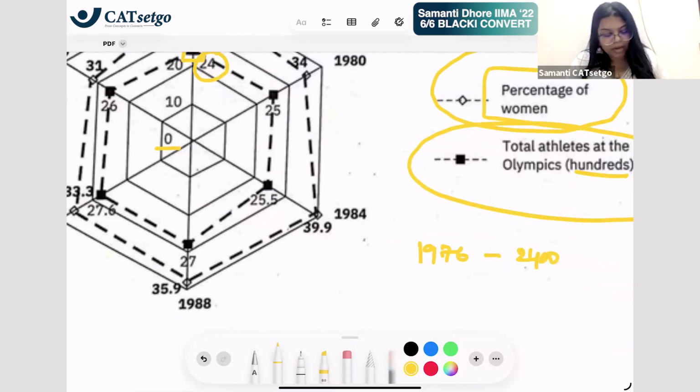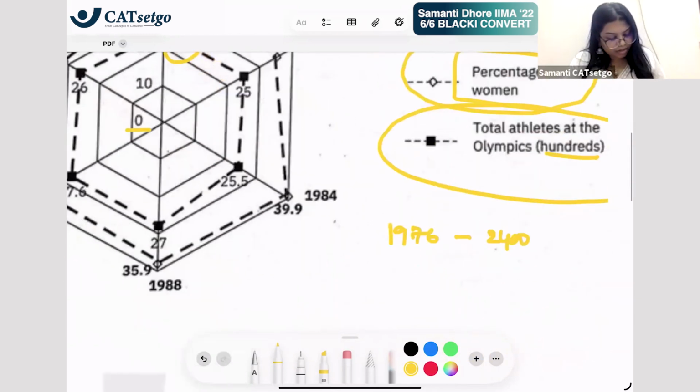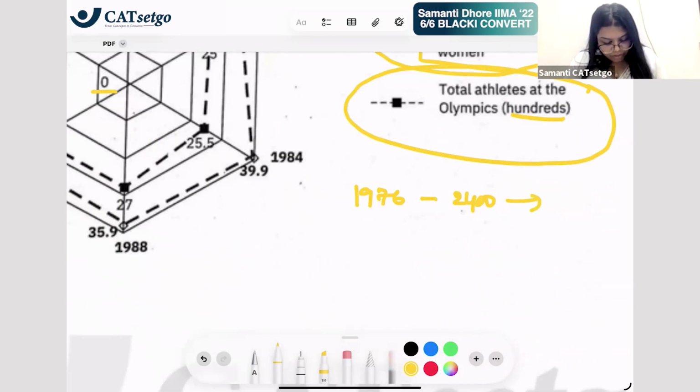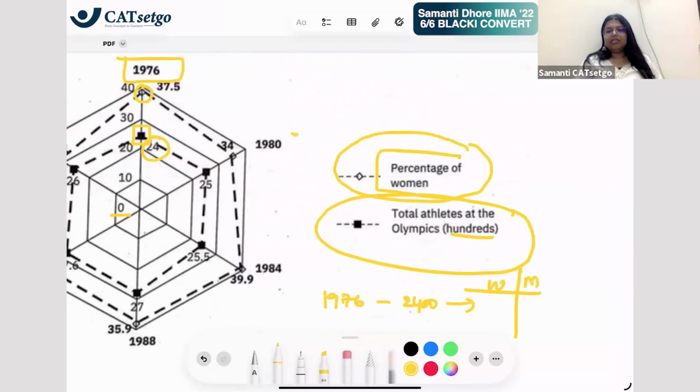And what is the percentage of women out of it? The percentage of women is given as 37.5. So if I have to divide this in men versus women data, how will I do it? 37.5 कैसे calculate होता है? 37.5 is what in a fraction? 3 by 8.